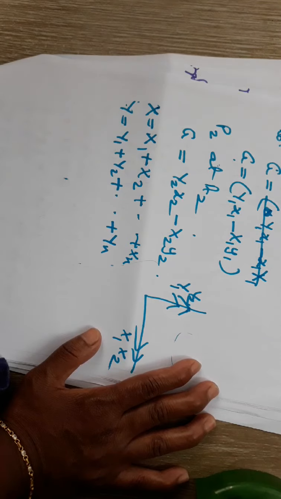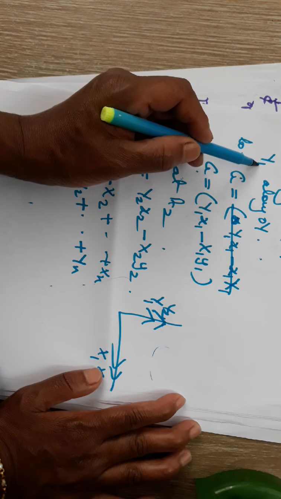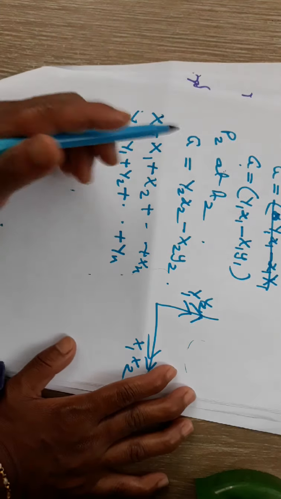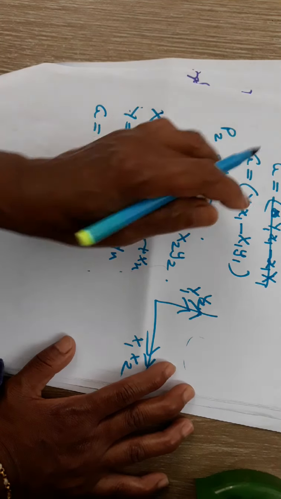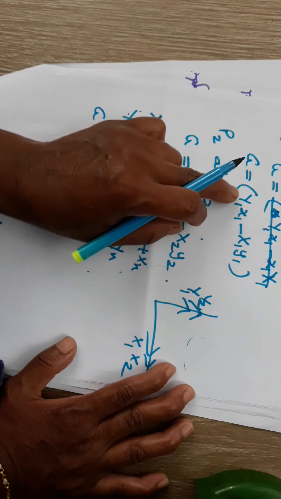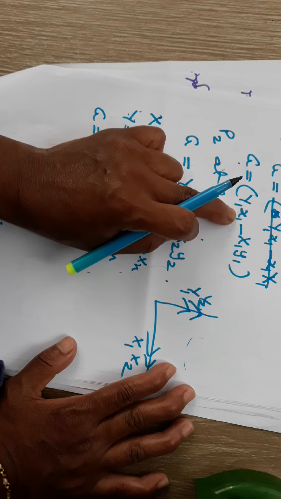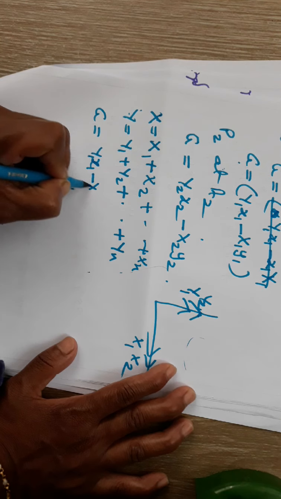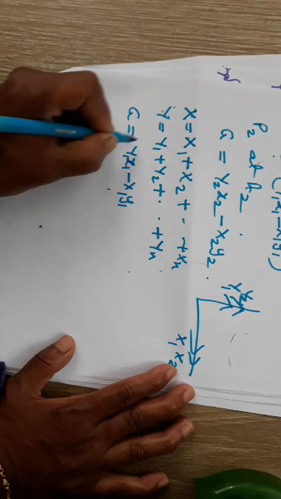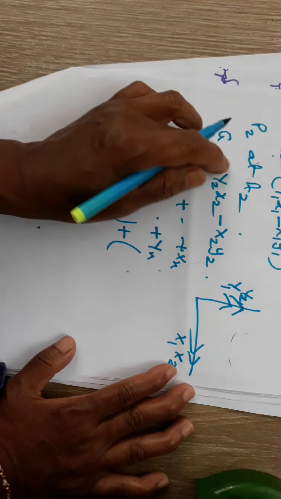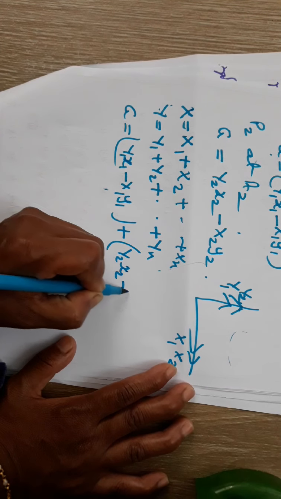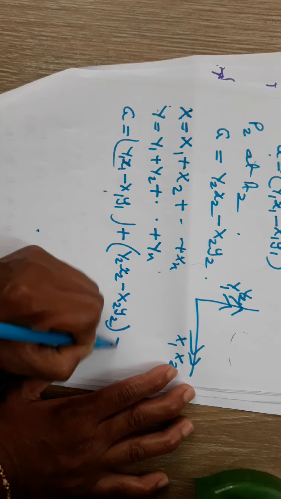And for all the couples acting with these forces P1, P2, the resultant couple G is equal to: the couple for the force P1 at A1 is y1 x1 minus x1 y1, and then the couple for the force P2 is y2 x2 minus x2 y2, plus so on.